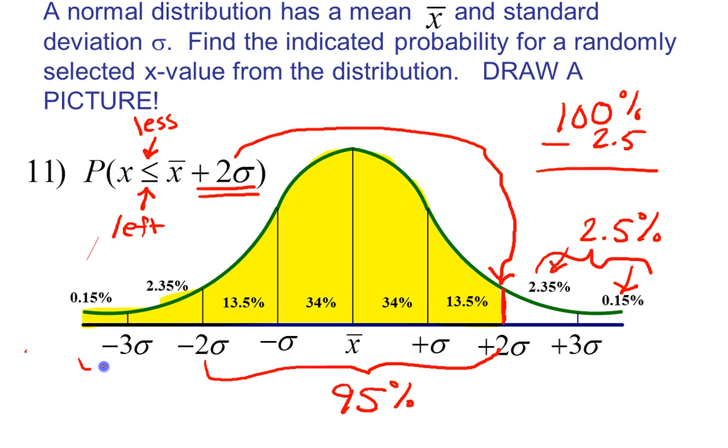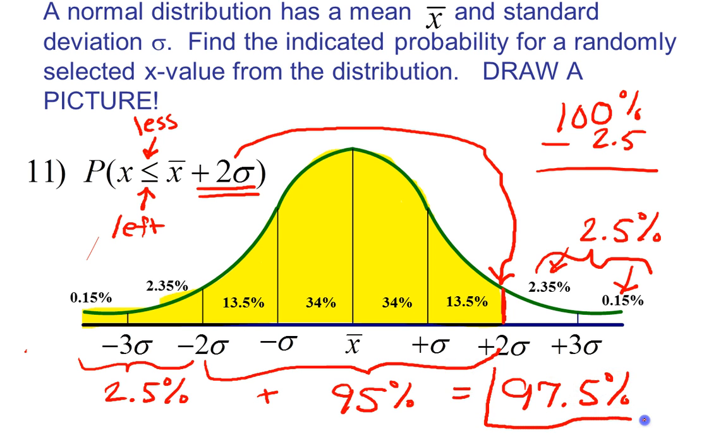Then we could just take this extra part right here. These two are always 2.5%. So I could immediately glance at this and go, okay, that's 95% plus 2.5%, which together equals 97.5%. There's lots of different ways to think. I can add, I can subtract, I can do the 95% and add the other part.